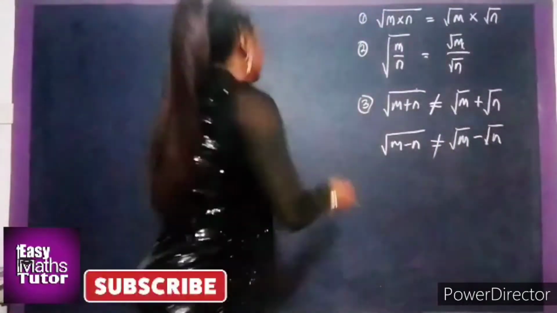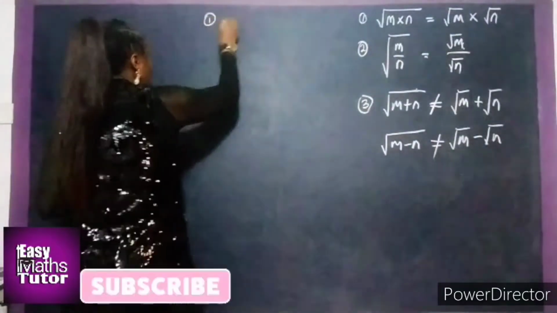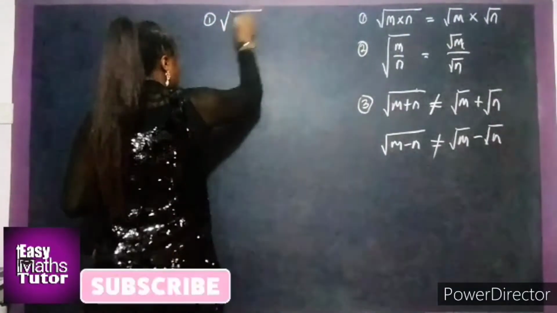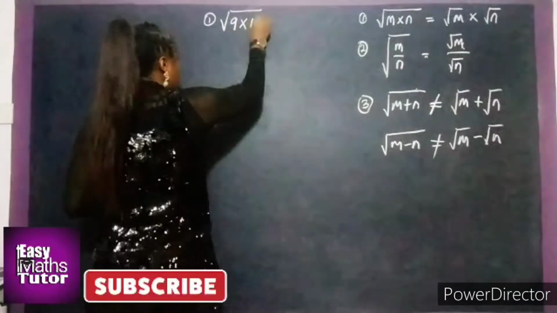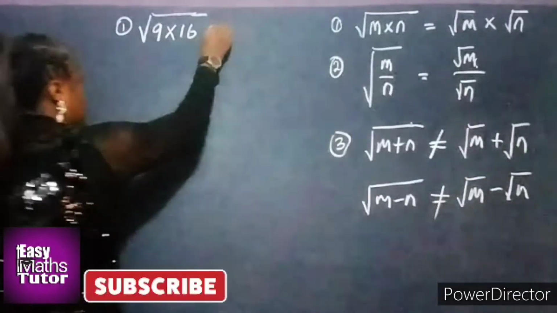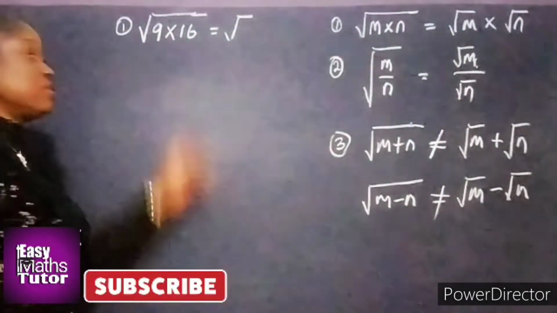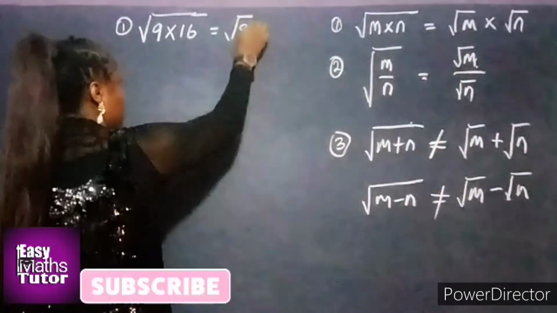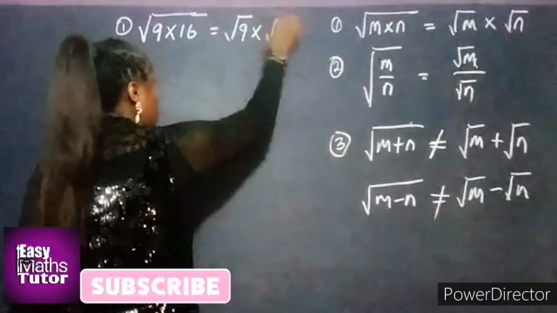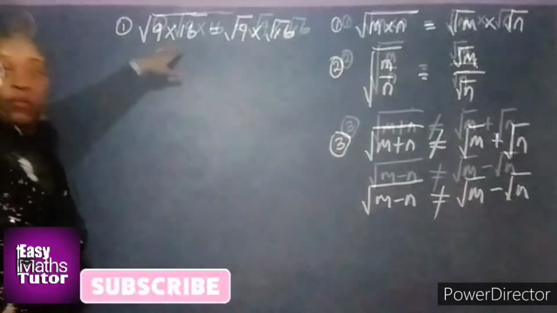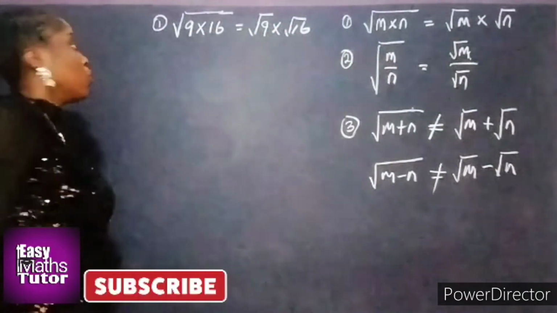For example, if we have 9 times 16, this means the square root of 9 times 16. This means that we have the square root of 9 times the square root of 16. This and this are equal.